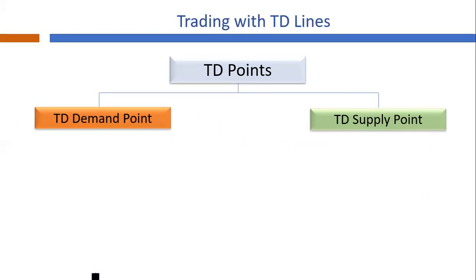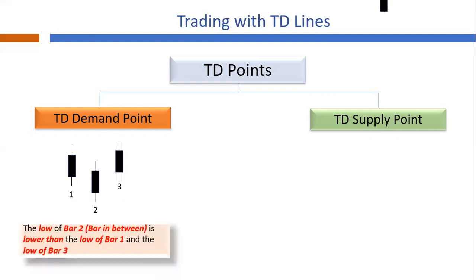For a valid TD demand point, at least 3 candles or bars are required. In this, the low of bar 2 is lower than the low of bar 1. Further, the low of bar 2 is also lower than the low of bar 3. In this case, bar 2 becomes the TD demand point.